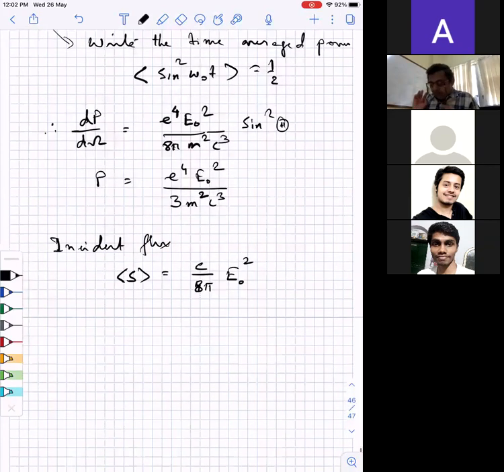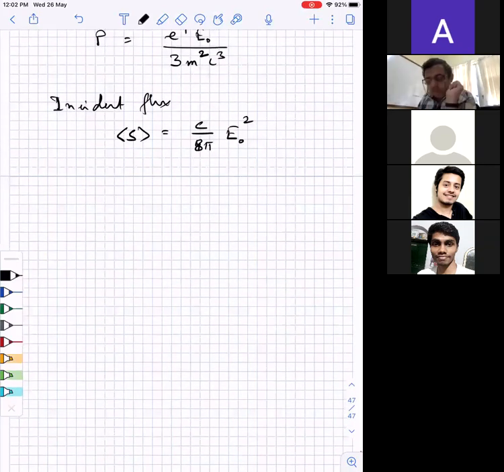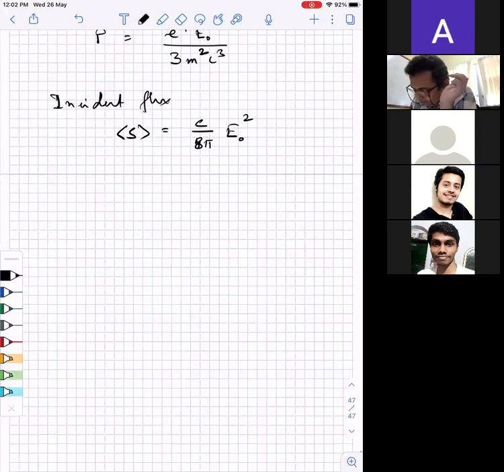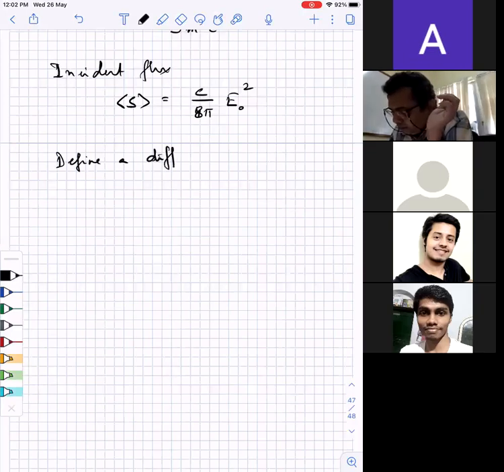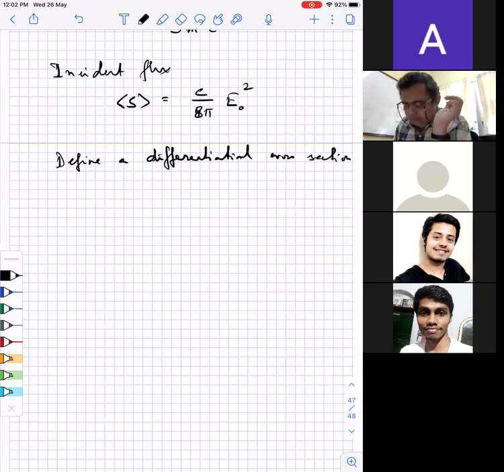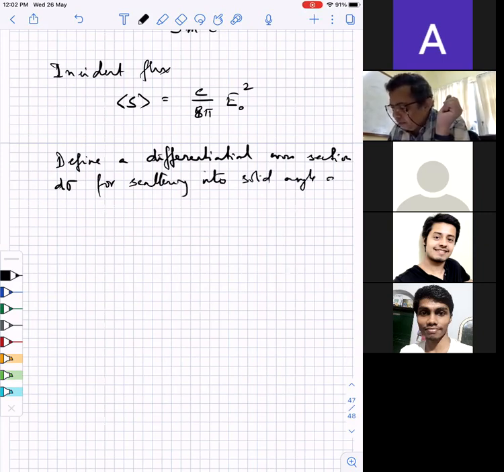So if I think of it in that way, then I can define a differential cross section d sigma for scattering into solid angle d omega. So it comes and is scattered into some solid angle d omega.